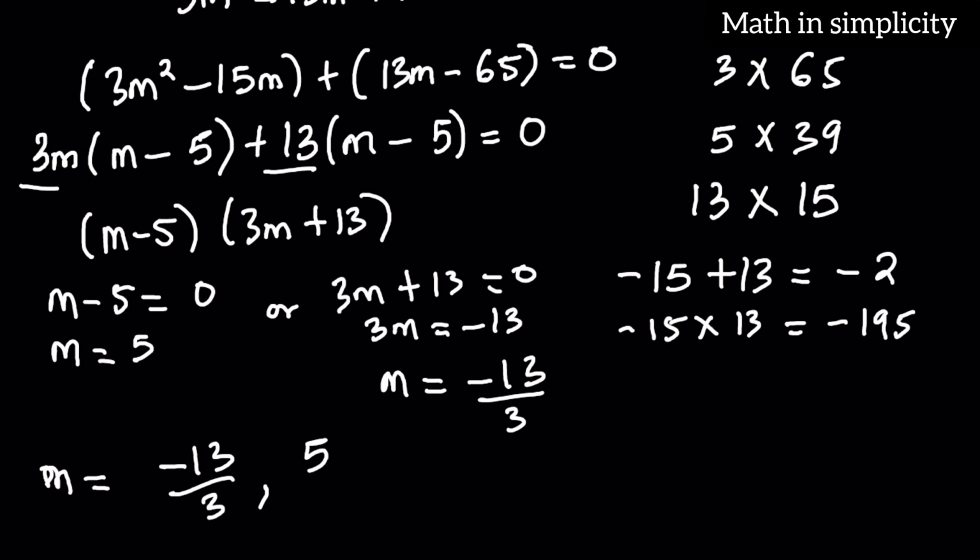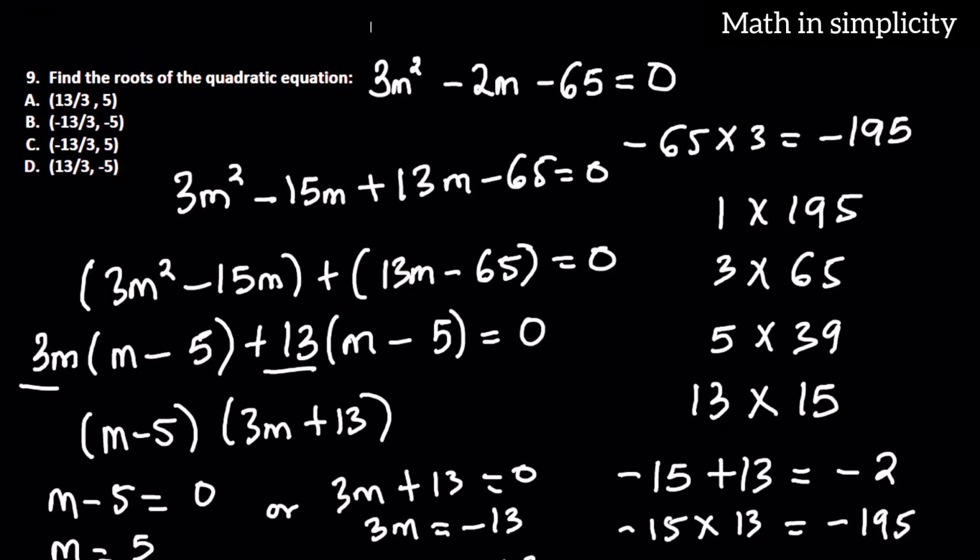So which one corresponds to that in the options? We have -13 over 3 and +5. That should be option C. So this is how to simplify this problem.